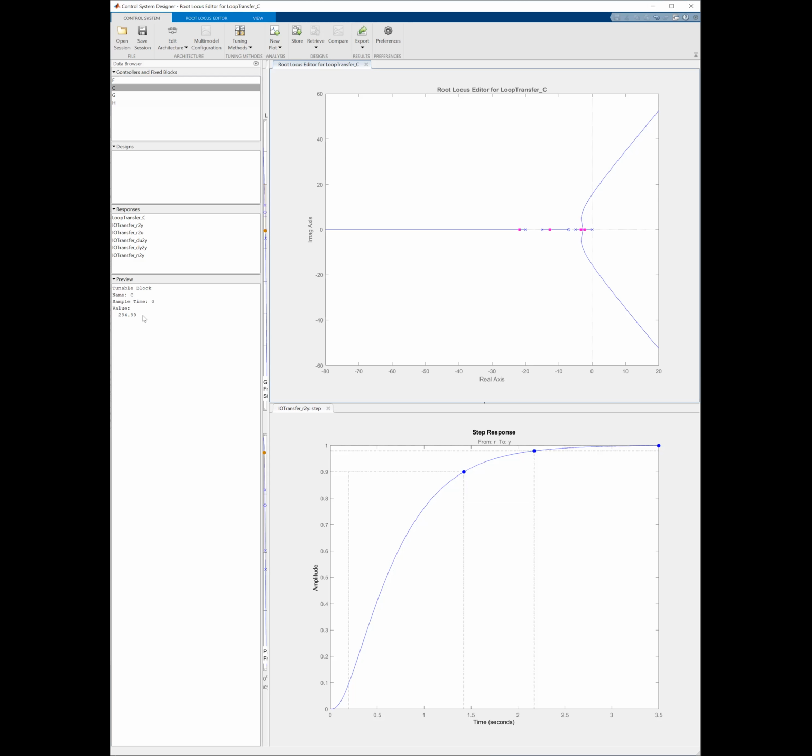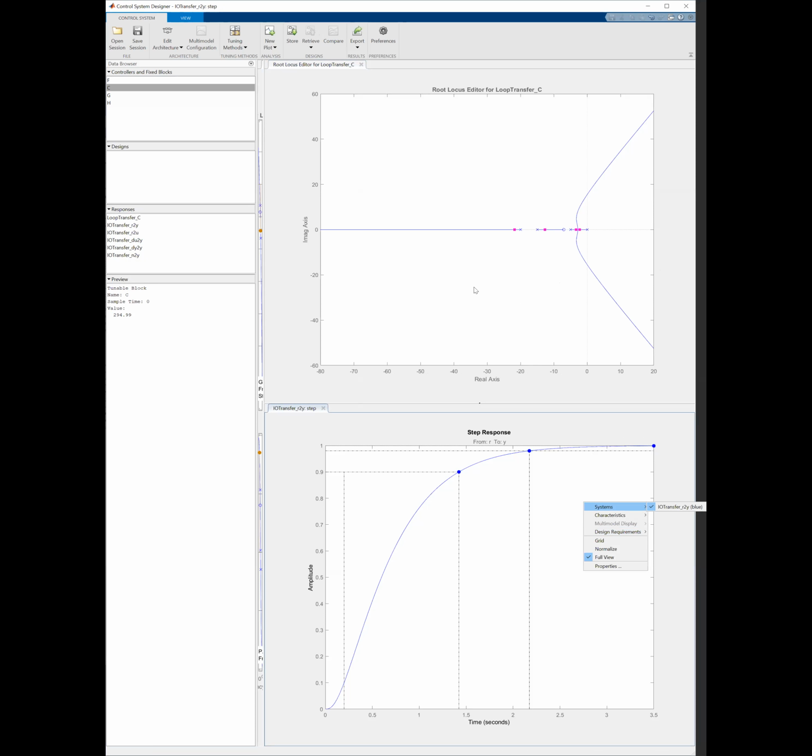And I want you to observe the gain value over here. C is the value of the gain. So this way I can interactively achieve the performance specifications. With this, I can add the performance specifications directly onto the root locus.